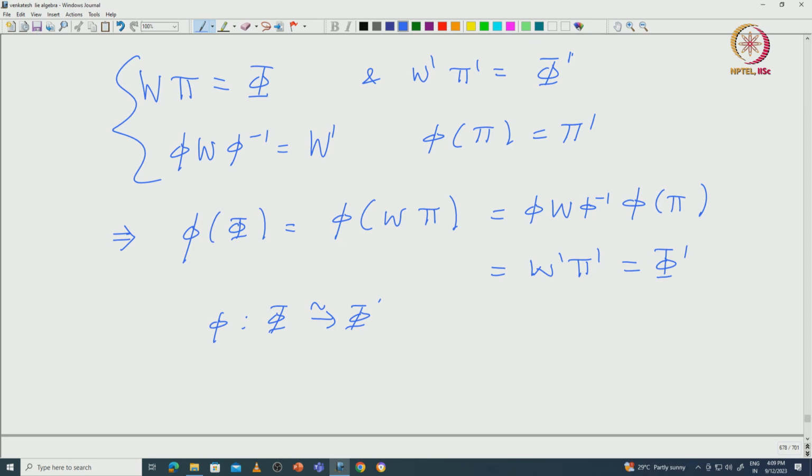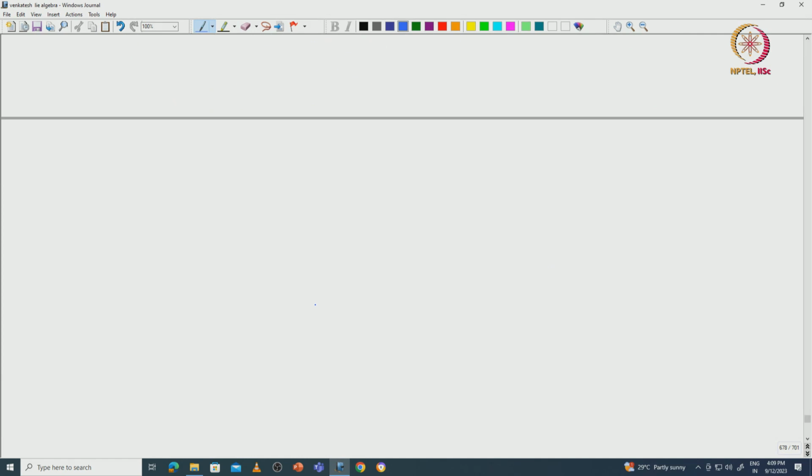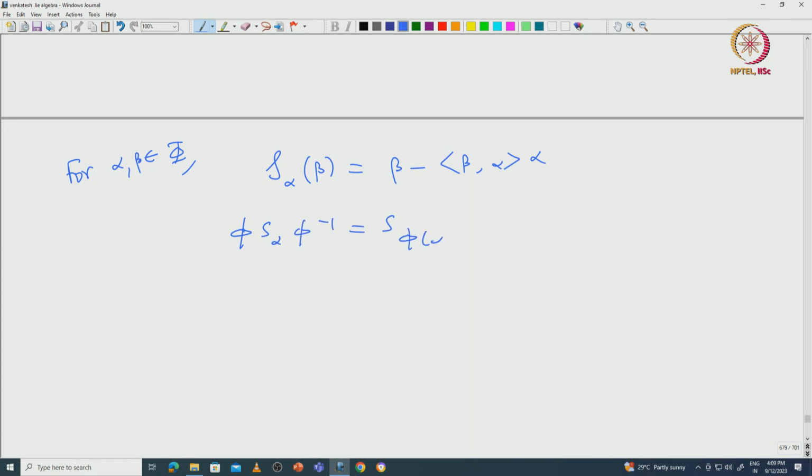Now it is not hard to see, if you take α, β in Φ, then using the formulas, S_α(β) must be exactly β minus the Cartan integer ⟨β, α⟩ times α, and since π S_α π^{-1} is exactly S_{π(α)}, you can see that S_{π(α)} applied on π(β) must be exactly π S_α π^{-1} applied on π(β).